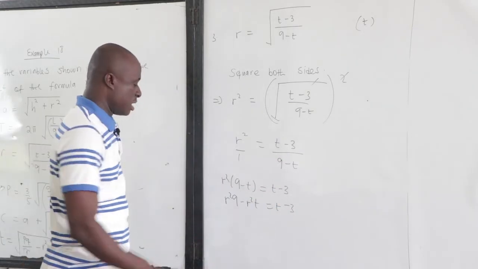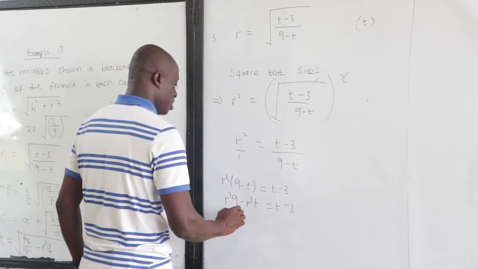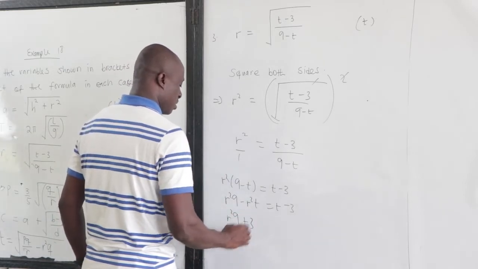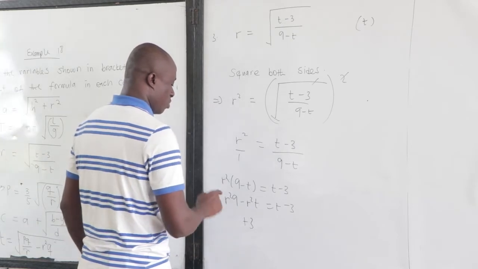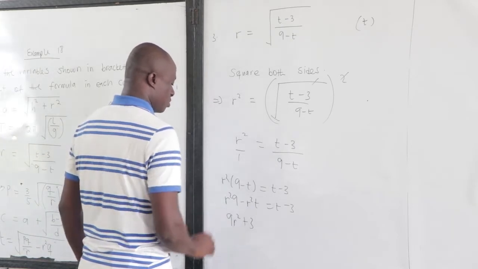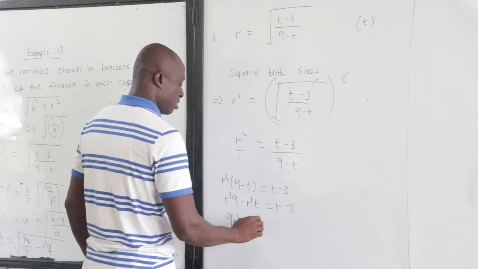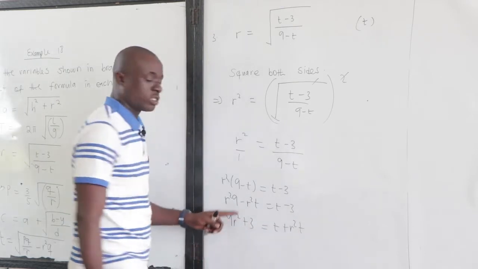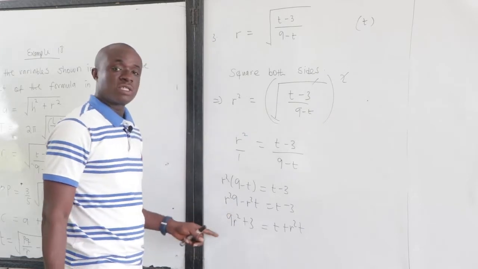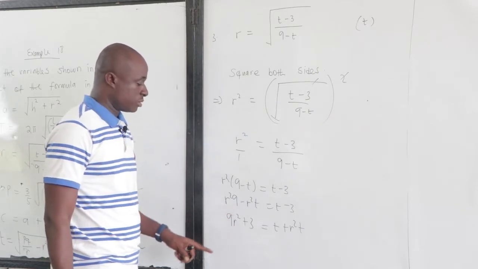So let me group like terms. So here it will be 9r squared plus 3 equal to t plus r squared t. Now when you multiply, we bring the numerals first before the variables.